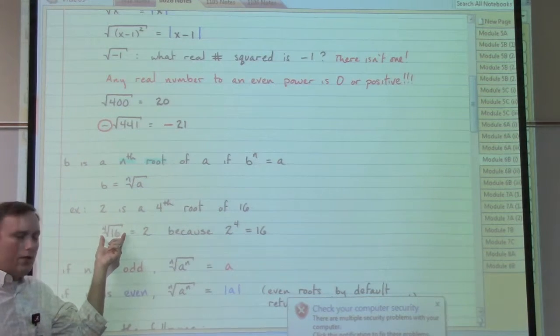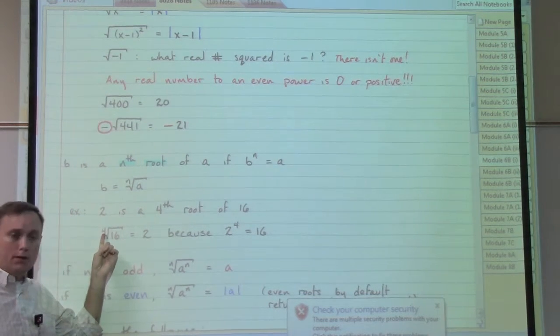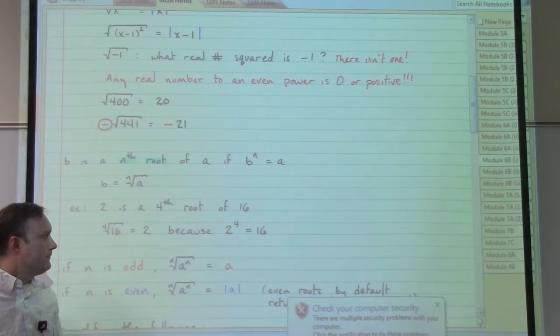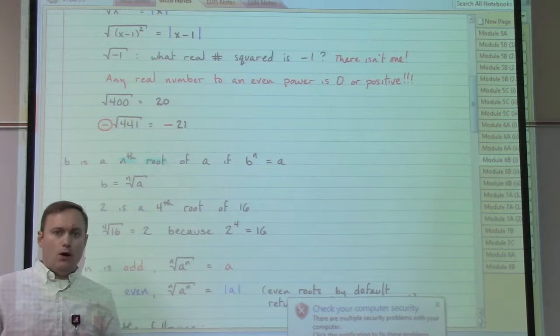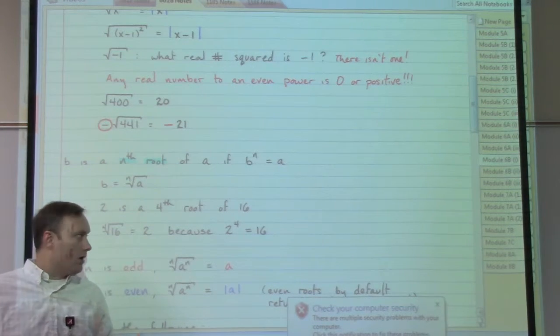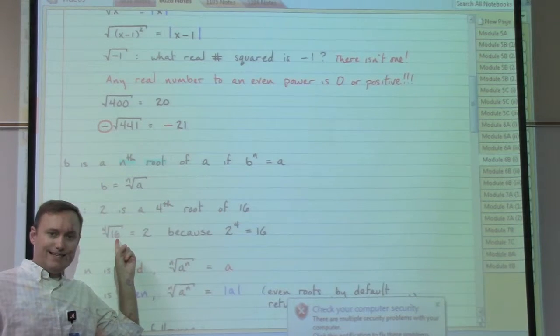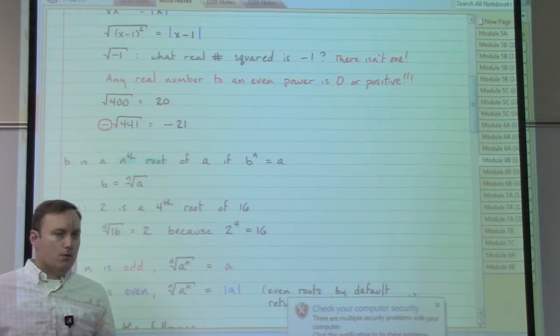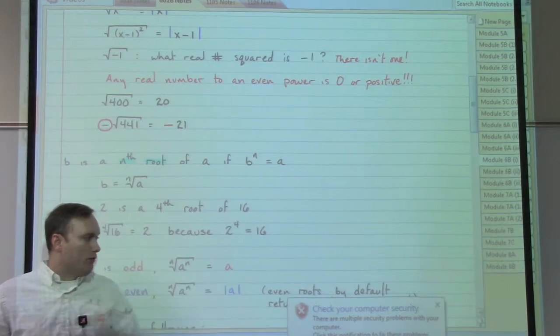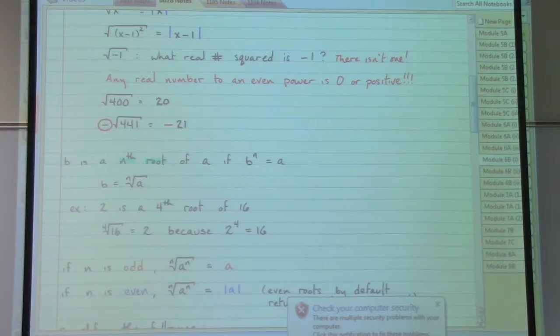So the fourth root of 16. We're looking for a number raised to the power of 4 that will create the 16. So what number would that be? Well, it turns out that's going to be the number 2. 2 to the power of 4 gives us a 16.